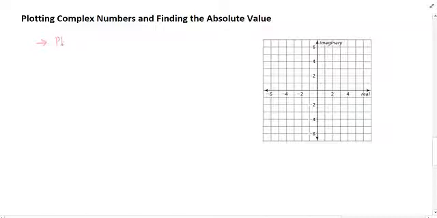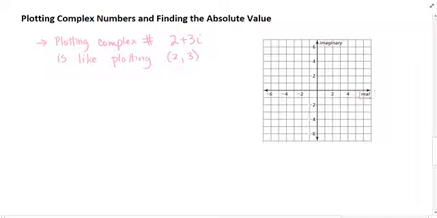So plotting a complex number like 2 plus 3i is like plotting the ordered pair 2, 3. Here's what I mean.